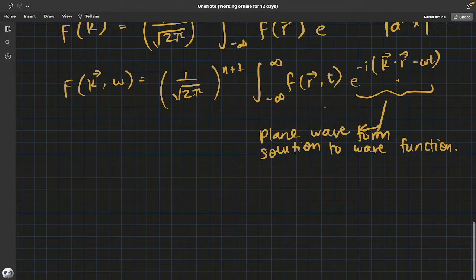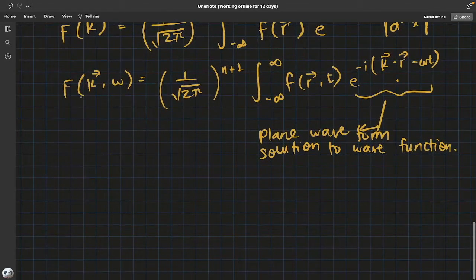So what we're essentially trying to do, at least if we try to find this coefficient, is represent this initial waveform, or time form, because it's space-time, as a weighted coefficient of these plane wave solutions.